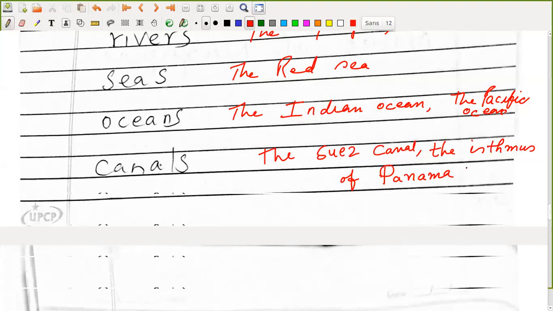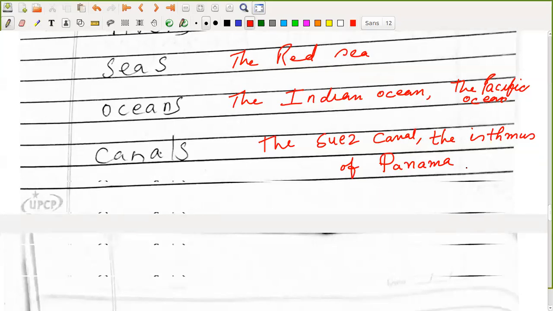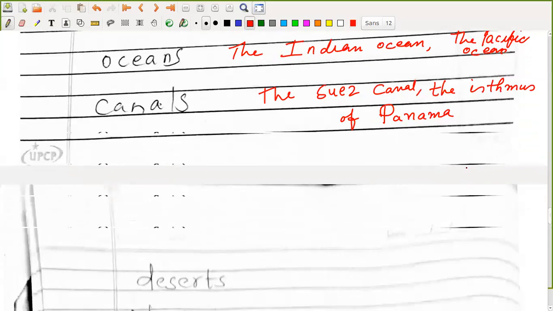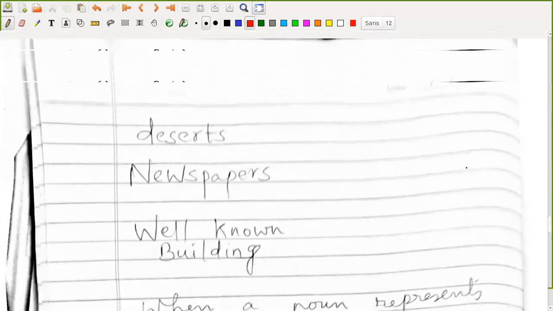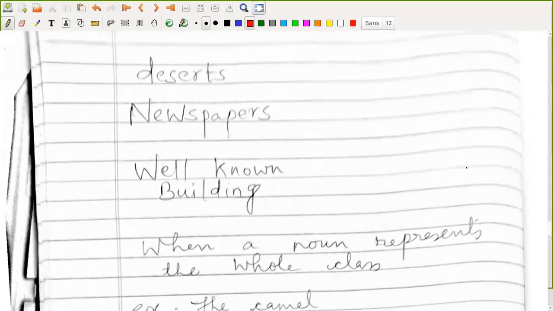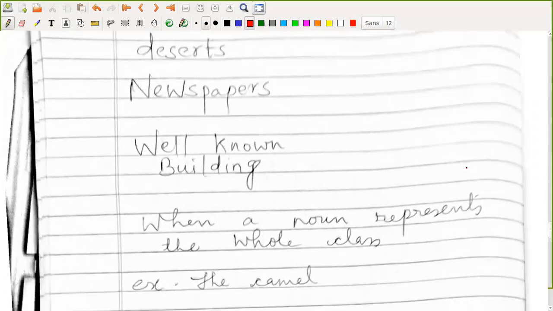Okay. So you have to remember that you have to use the before names of mountain ranges, groups of islands, rivers, seas, oceans, canals. Then deserts. Give an example.